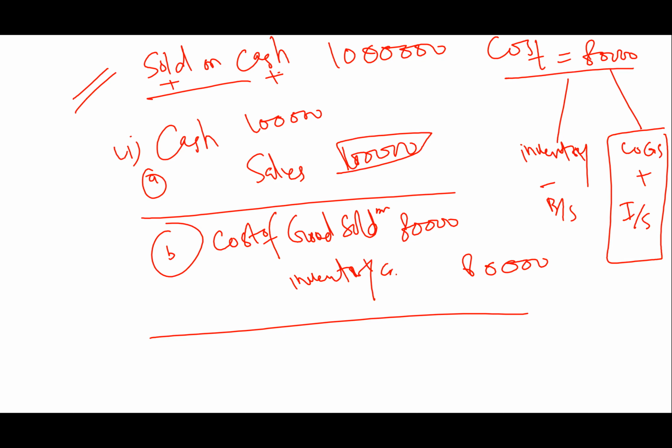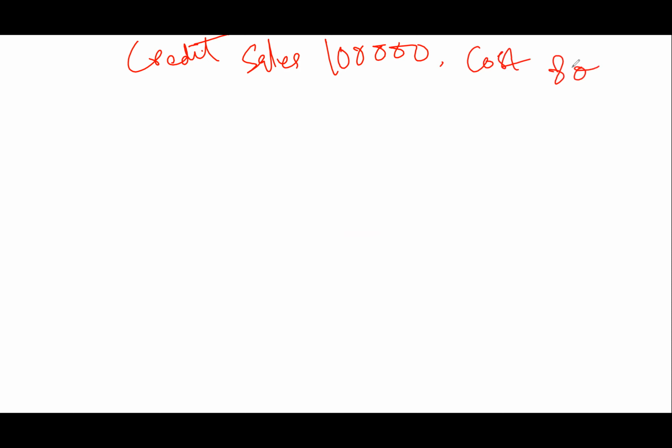Now let's have another example in which there is a credit sale. Credit sales, 100,000, and the cost was 80,000. So when there is a credit sale, sales increase.